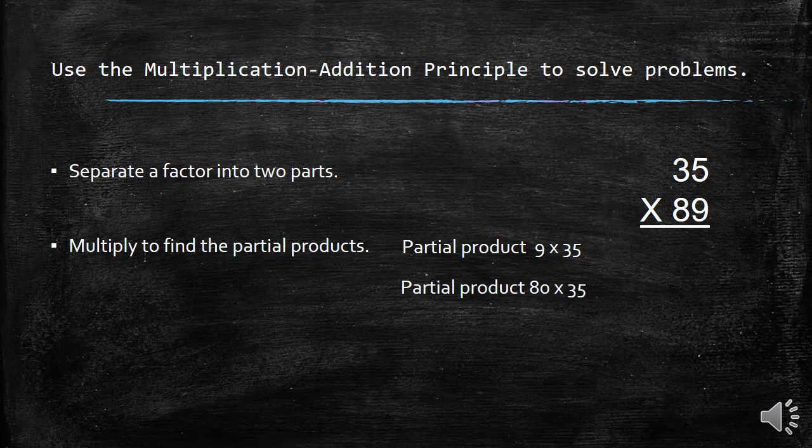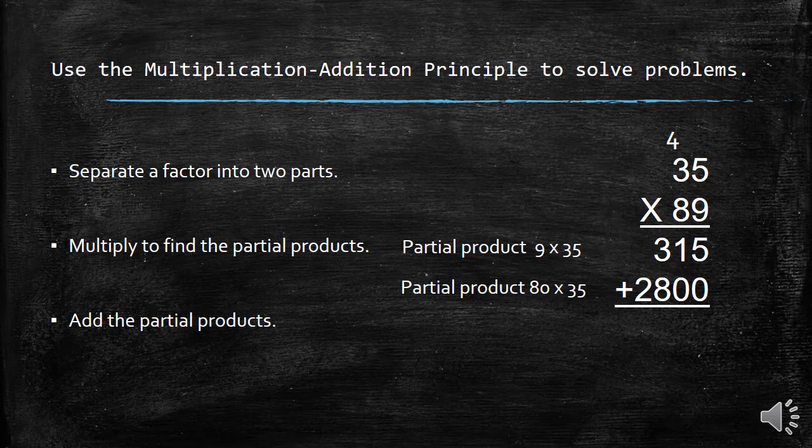Then we multiply to find the partial products. 9 times 35 is 315. 80 times 35, 2,800. Then we add those partial products together to get the final answer. And the final answer is 3,115.